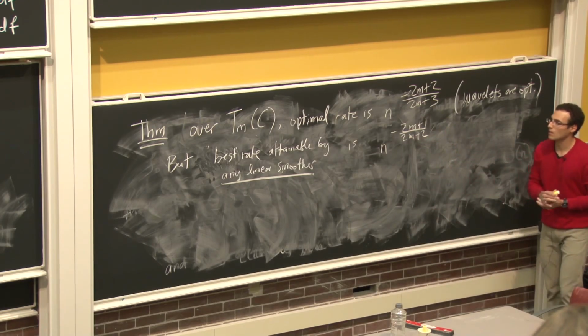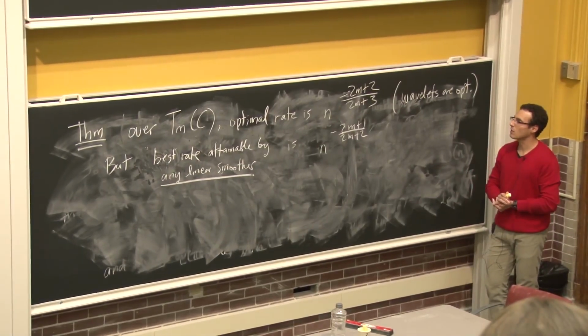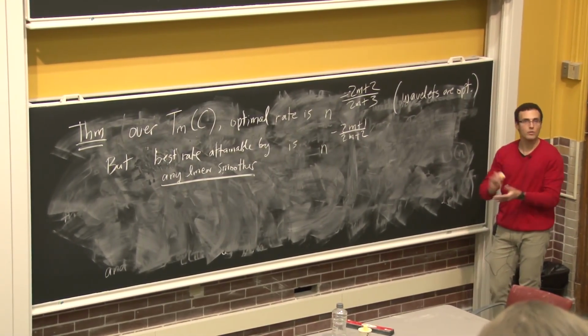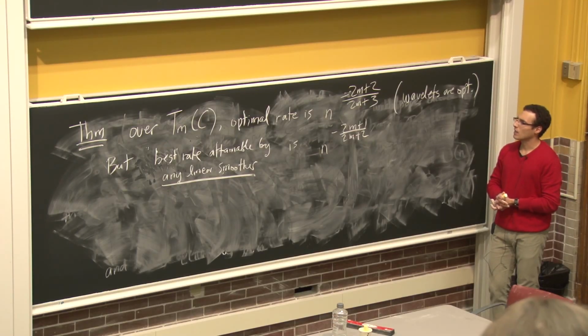Okay, so these just may look like a bunch of fractional powers to you, and maybe they don't really seem that interesting, but let's just take a second to look at this.